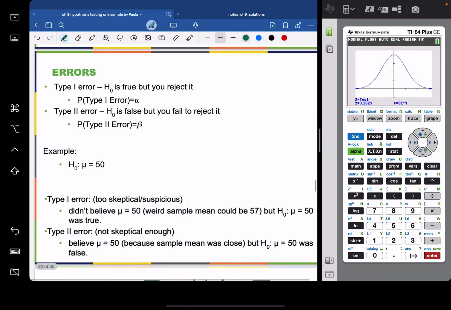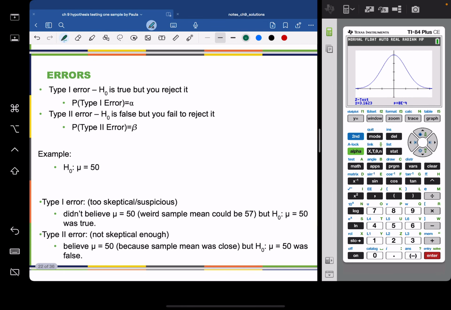And a couple more slides here. Different types of errors. Type 1 and type 2 error. I kind of like using this wording here. A type 1 error is that you were too suspicious, and a type 2 error was that you were not sufficiently suspicious.